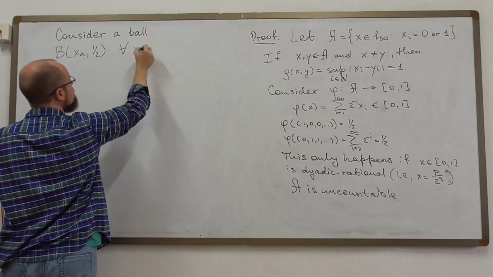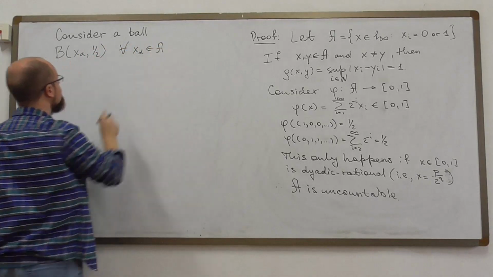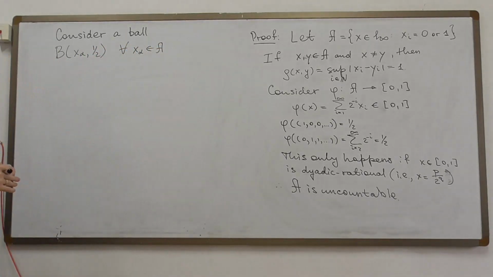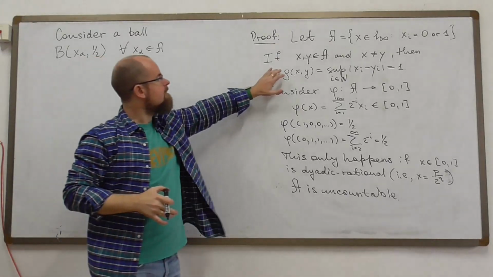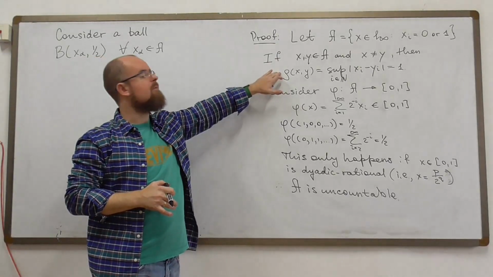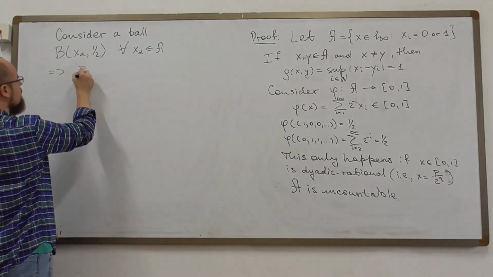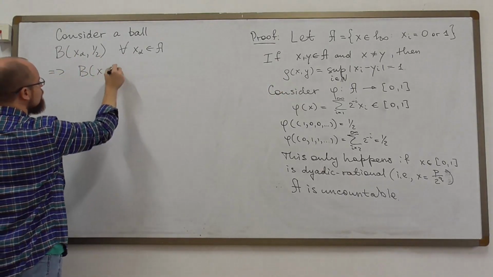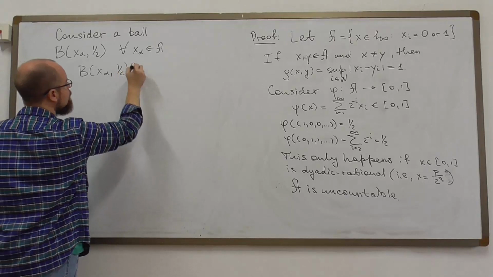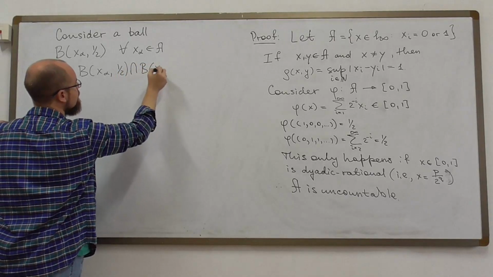For every element x alpha from A. Since the distance between any two elements is 1, we conclude that these balls do not intersect each other.